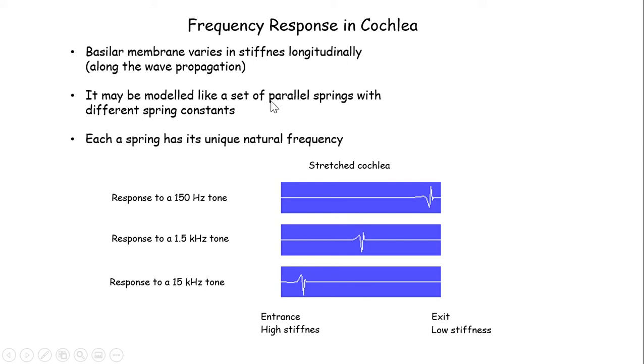So we use this parallel spring interpretation of the basilar membrane to build a model of the cochlea. And these parallel springs, we managed to introduce different spring constants. How did we do that?